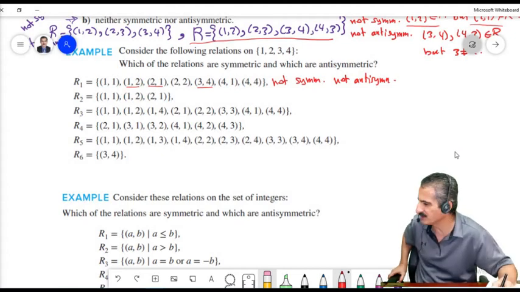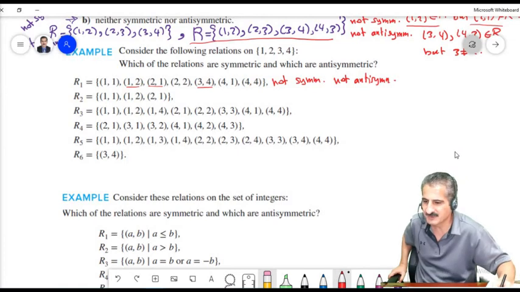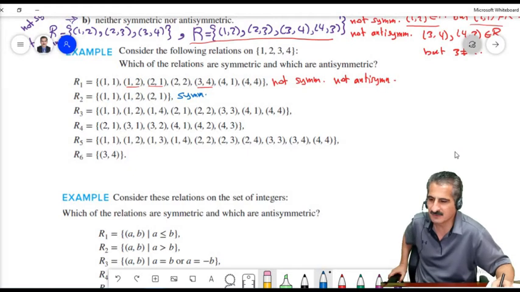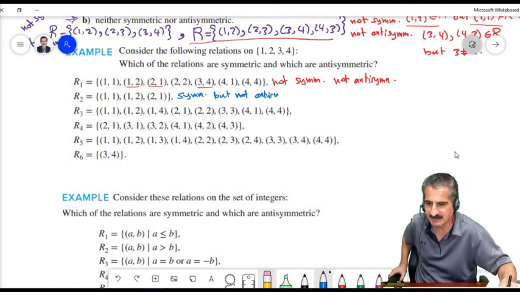Tell me. Is it symmetric? Yes, it is symmetric. We have (1, 1), related to itself, (1, 2) and then (2, 1). Good. Is it anti-symmetric? Okay, no, it is not anti-symmetric. What about R3?